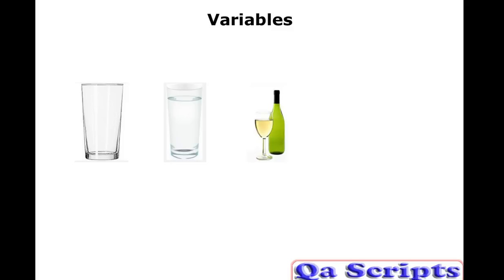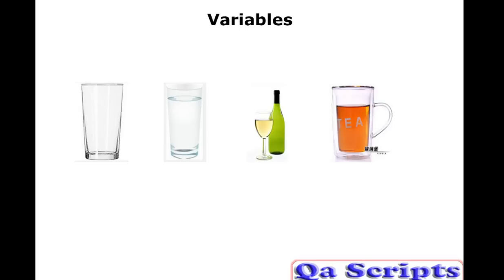To give an overall idea about a variable, let us take one simple example. Here is a glass. Using this glass, I can drink water, I can drink alcohol, I can also drink tea or coffee or Bournvita or Horlicks, and so on. Here the glass is one vessel.